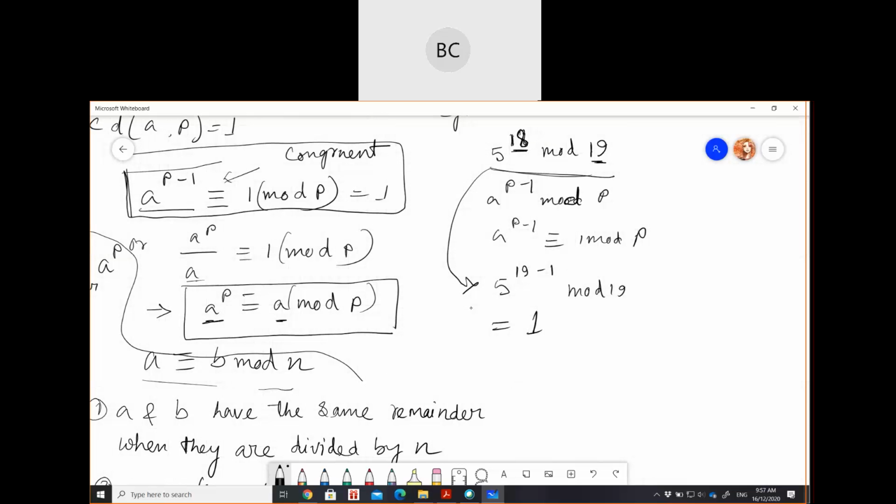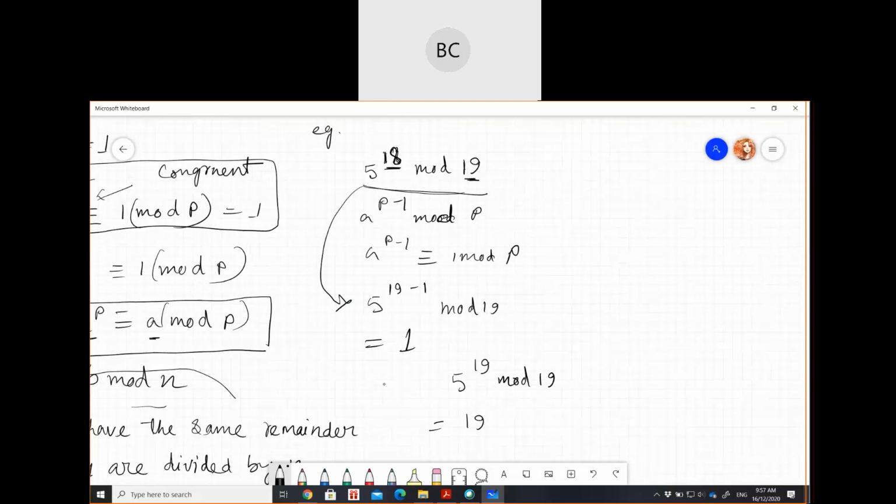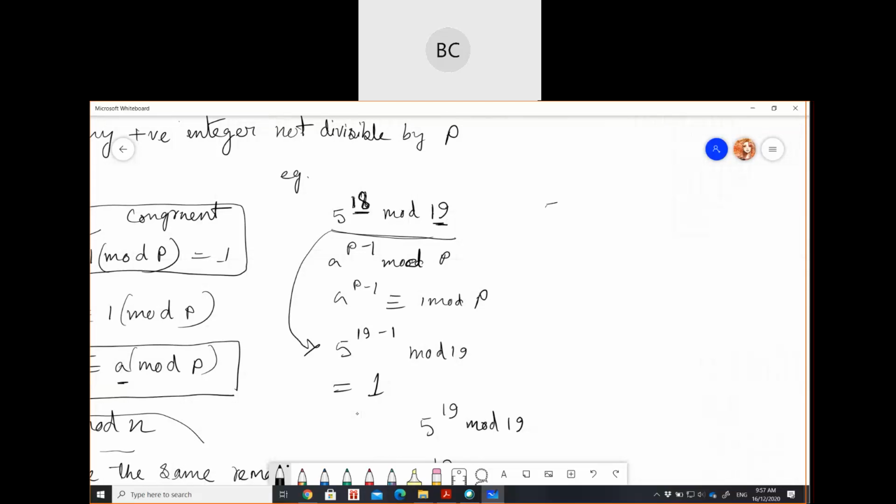Again, if I take just 5^19 mod 19, then again the answer will be 5. Suppose mod 20, in that case, if you take 5^20 mod 19, in this case you can see we cannot put it in this format, correct?